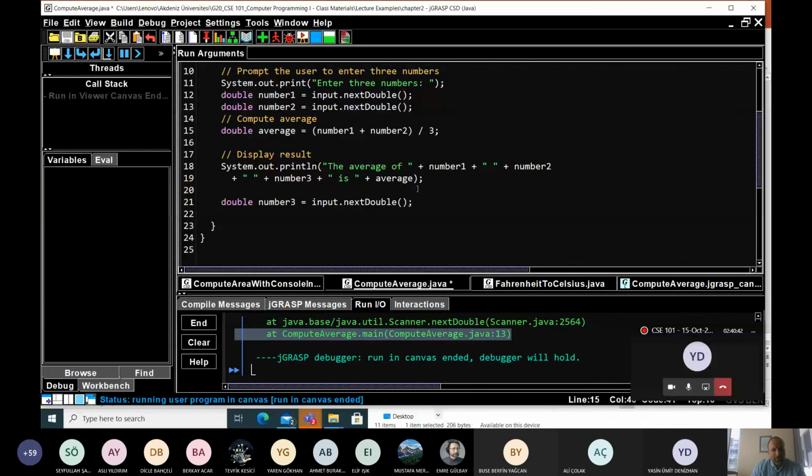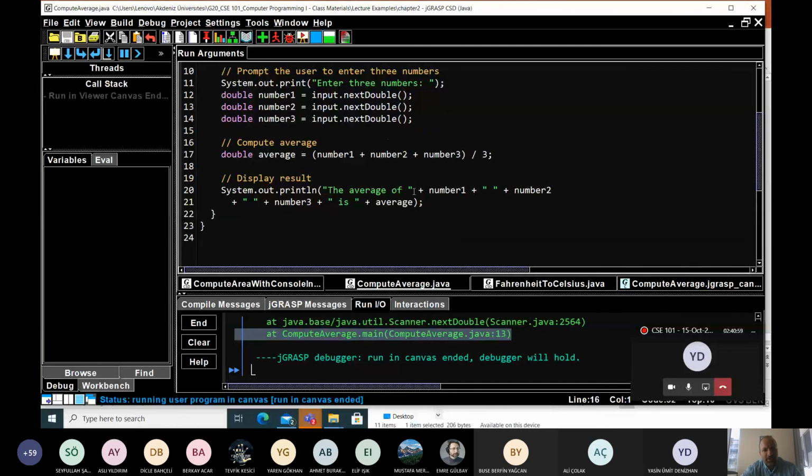Actually, this isn't a good example for this. Let me get a new example for what I'm trying to teach right now, and I'll bring it to the lecture next week. Because what I want to show you is, remember what we saw earlier.